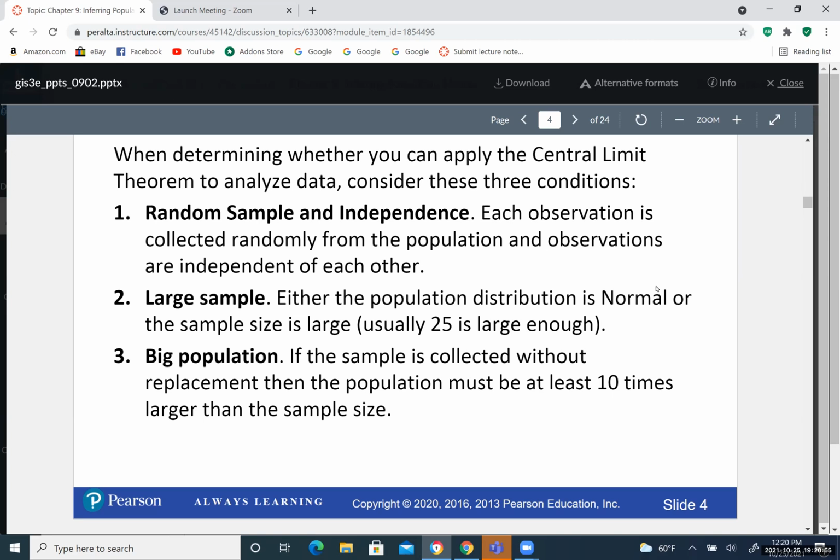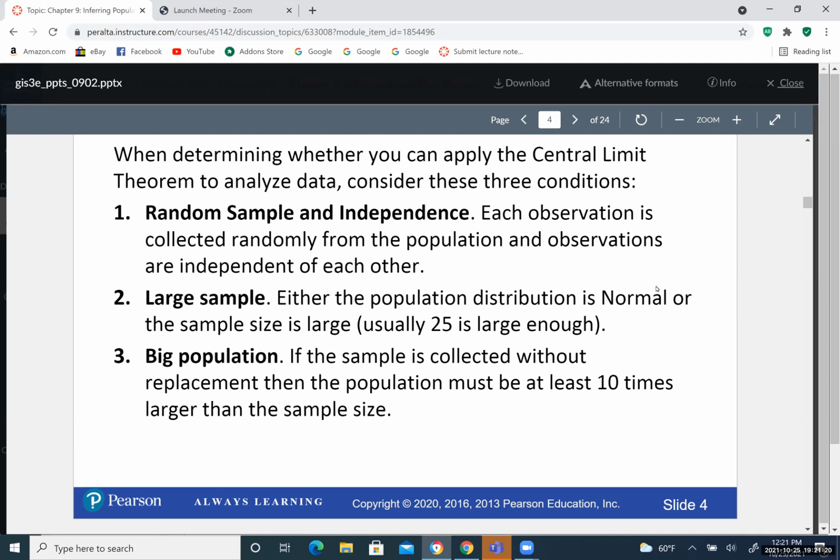It means each observation is collected randomly from the population, and observations are independent of each other. You have learned this independence, right? They're not related to each other, not affected by each other. So each observation is a different thing.